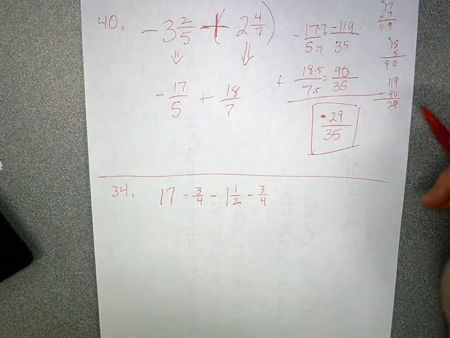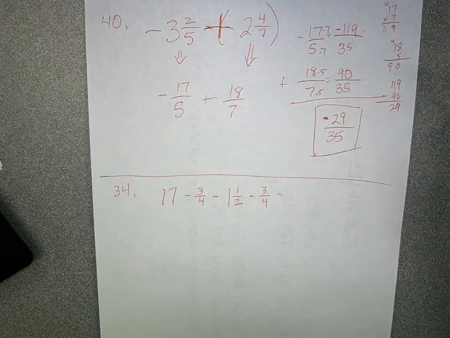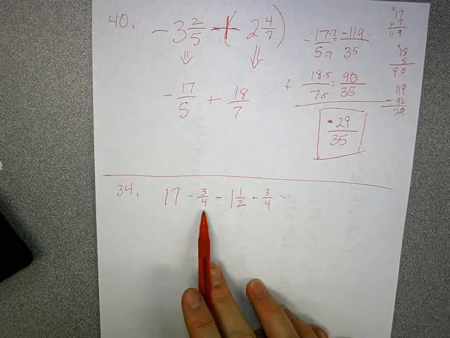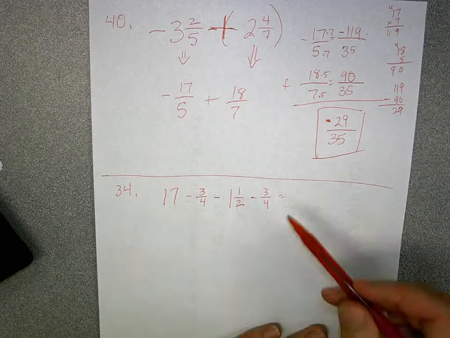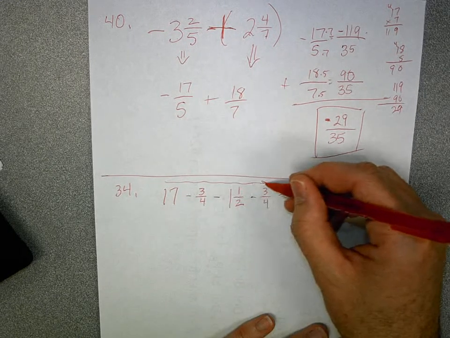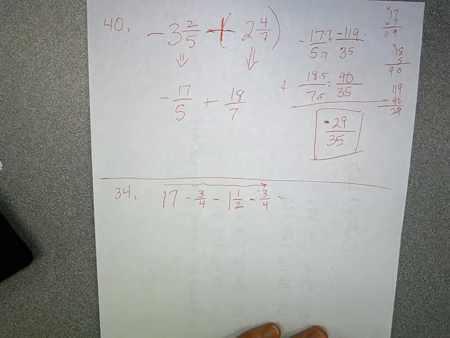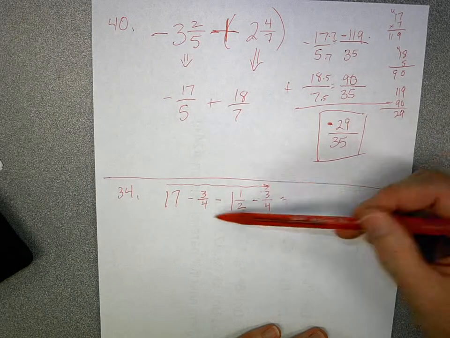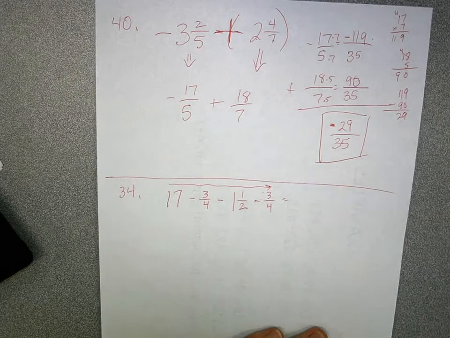Some of this you can probably do as mental math. If you're going to work left to right, you can do that, one problem at a time. But I would recommend that since all of these are being taken off, you can combine those to see the total taken off, and then subtract that from 17 whole.